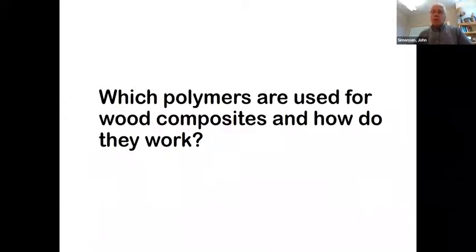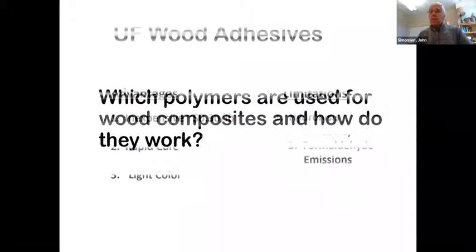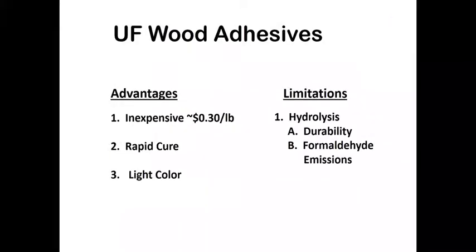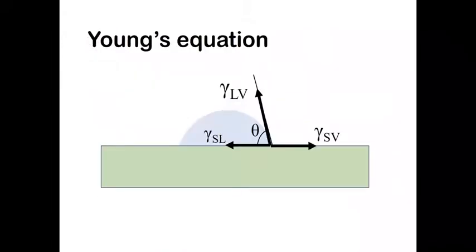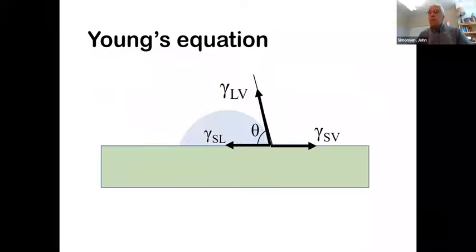All right, so let's talk about specific polymers here. First, I have a quick question. Sure. I just wanted to be very sure about what you meant by the contact angle. Is it the angle between the adhesive? Right here, this theta is the contact angle.